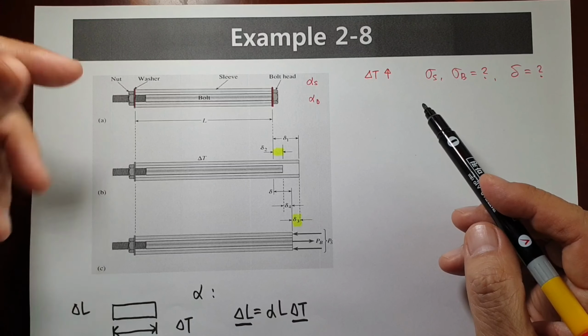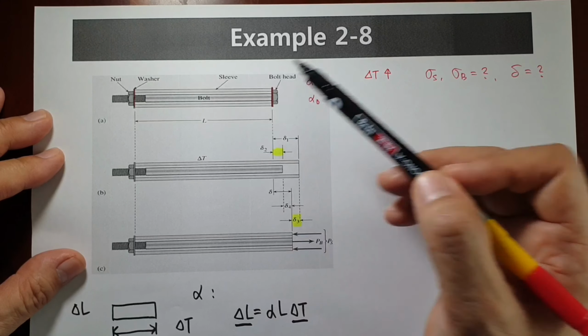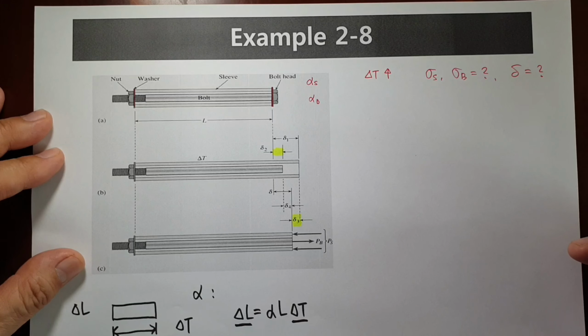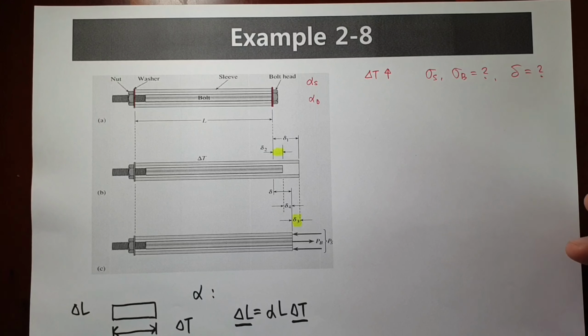Okay, when you rotate the nut, you can assemble both sleeve and bolt at the same time. Maybe you can turn somehow, then at some point you can stop and it is properly assembled.